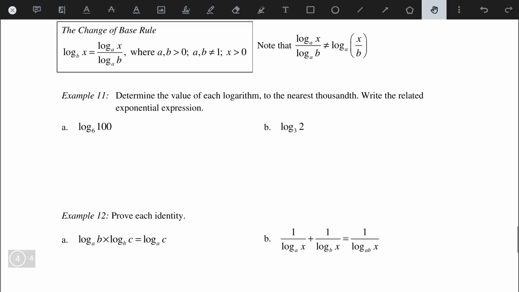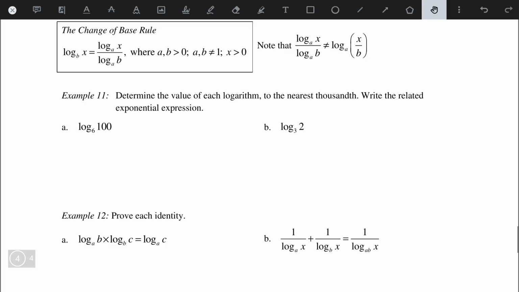So the change of base rule is the idea behind why we can do that. The change of base rule says log base b of x is equal to log base a of x divided by log base a of b, where, of course, since a and b are both bases, they have to be greater than 0 and not 1, and x is an argument, so it has to be positive. So those are the restrictions.